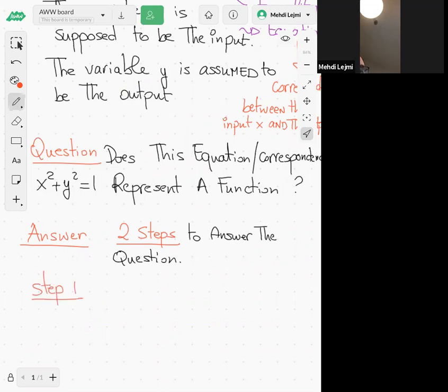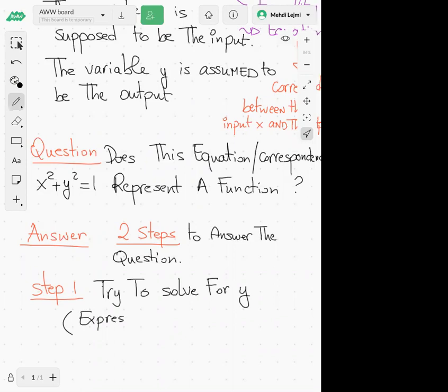What do I mean by solve for y? I mean you need to express y in terms of x.